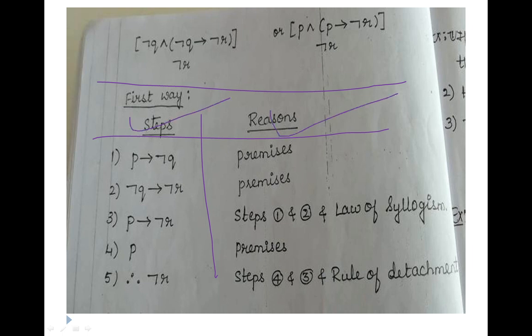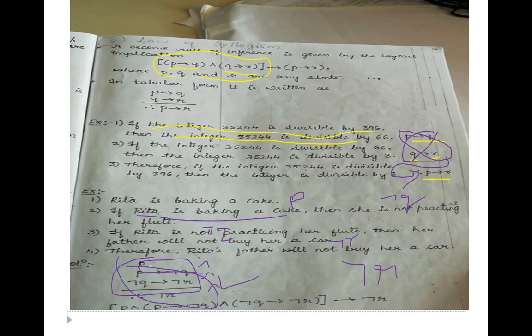For the first step, I'll take whatever is there first. It's not mandatory that you always take the first one, but whatever you take first, you write as a premise, and all the premises must and should be used.